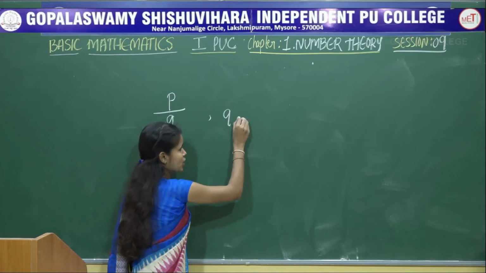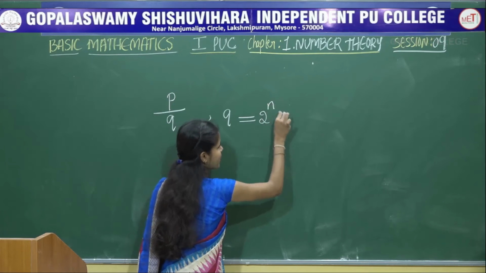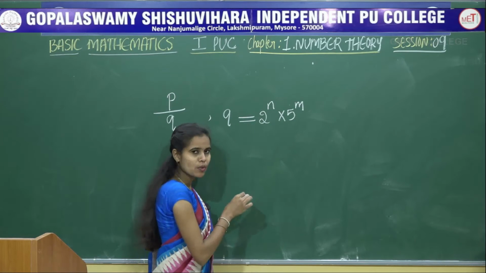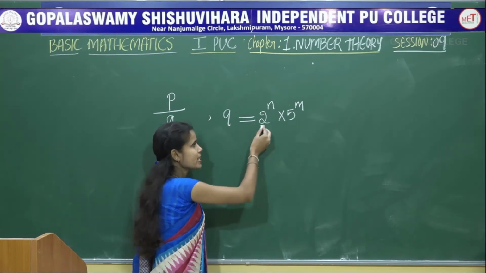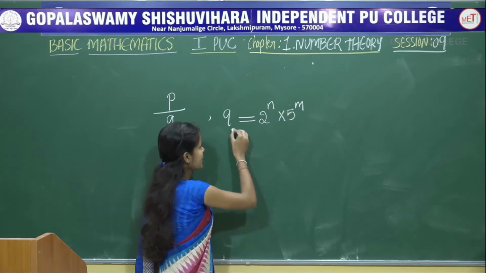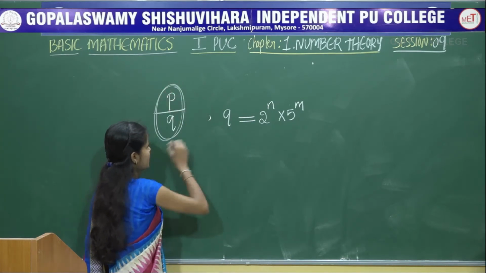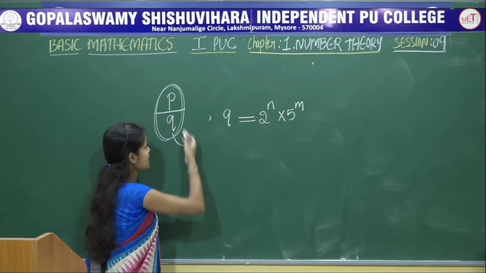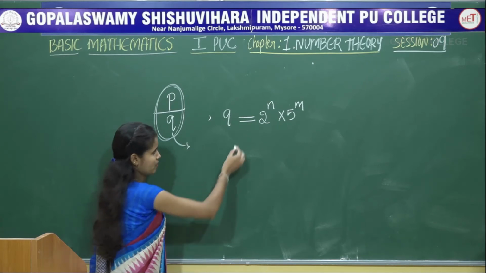If the canonical representation of q is of the form 2 to the power of n into 5 to the power of m, then the given rational number has a terminating decimal expansion, otherwise it has a non-terminating decimal expansion.